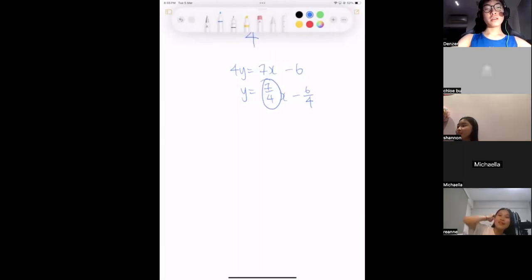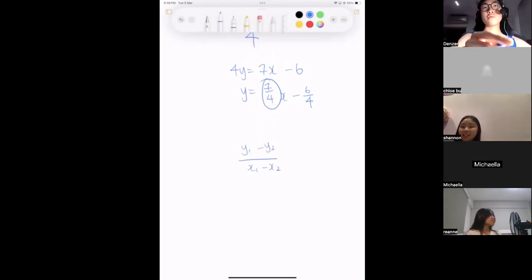Y1 minus y2 over x1 minus x2. Very good job, Denzel. You remember it in 1 class. Okay, there's still one more. Is rise over run. Yes, excellent. And one more.